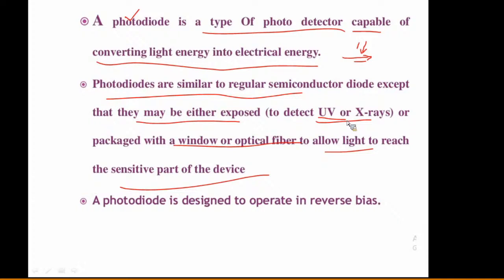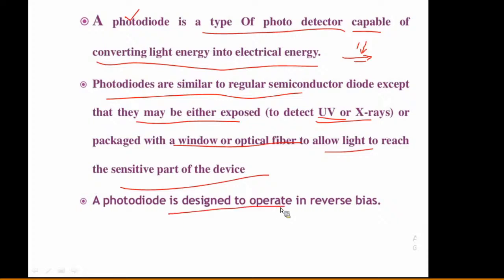In a PN junction diode, P-type and N-type materials are combined to form a PN junction. A photodiode is also a PN junction diode, but the construction is different, and due to that difference in construction it acts with a special feature.